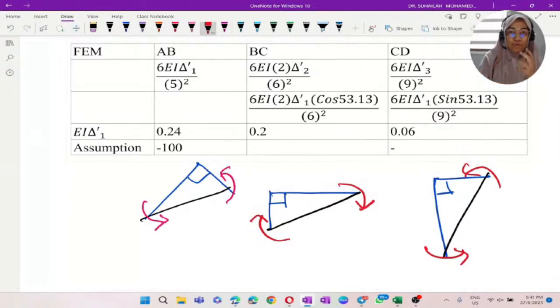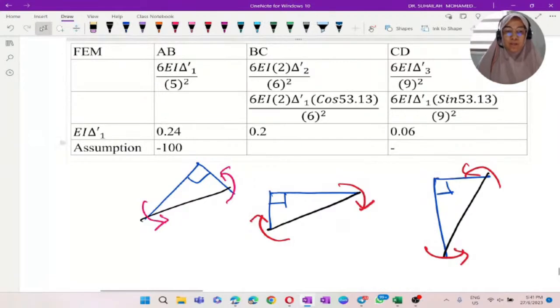So for beam BC, it must be positive. So the moment shown here is positive. So that is why for the FEM for member BC, it should be positive because of the behavior.